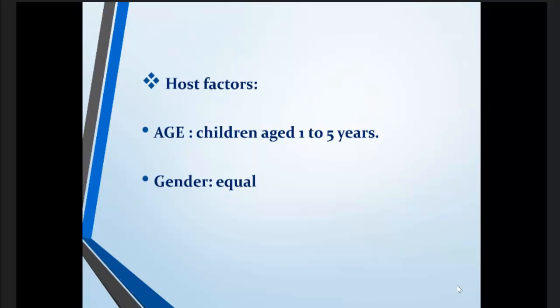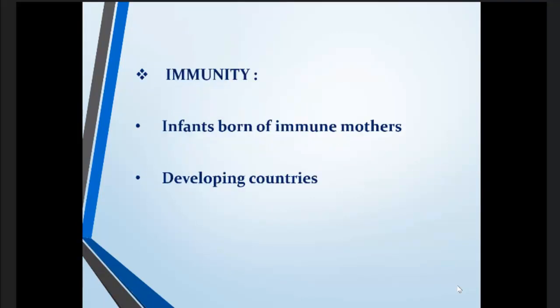The disease usually affects children between 1 to 5 years, equally for both males and females. Regarding immunity, infants have immunity from their mothers through maternal antibodies in the first 6 months of life.